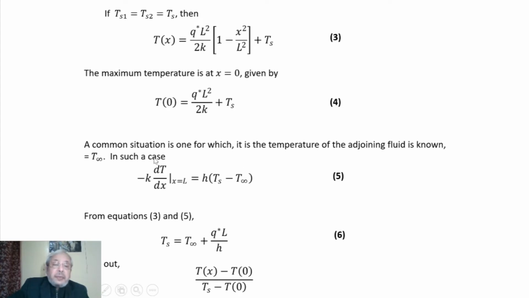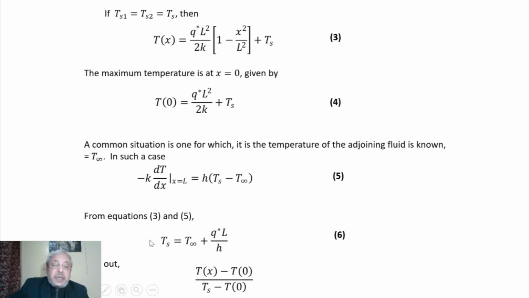And if we substitute the dT/dx expression, after finding dT/dx from here at x equal to L, and equate it with h(Ts minus T infinity), we will get Ts equal to T infinity plus q star L by h.